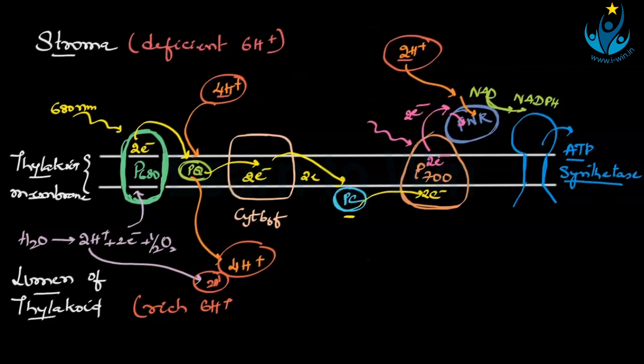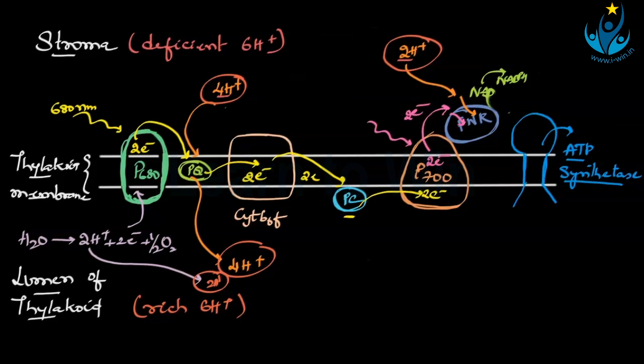So now what happened? There is a concentration gradient that has been established. Just a second, let me change this NADPH position from here because it will become difficult for me to show. NADP will be converted into NADPH.